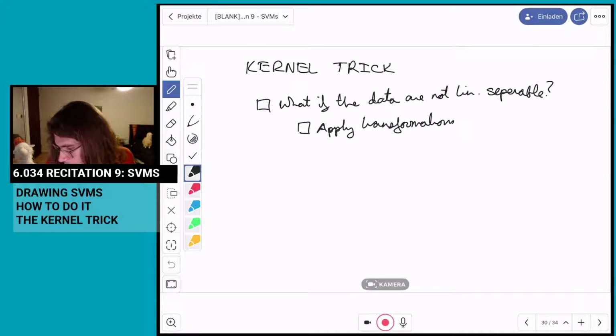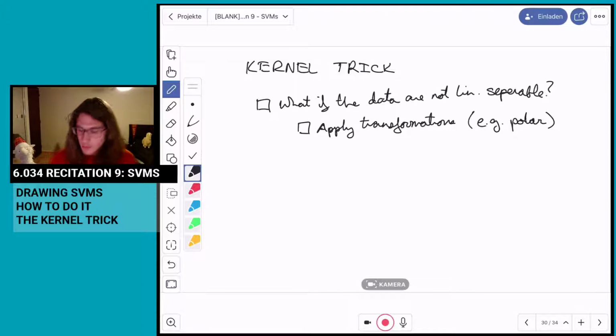And you may remember the recitation on k-nearest neighbors. We also discussed different distance metrics, and we discussed one transformation, and that was going from Euclidean or Cartesian coordinates to polar coordinates. But that's not the only transformation that one can do.